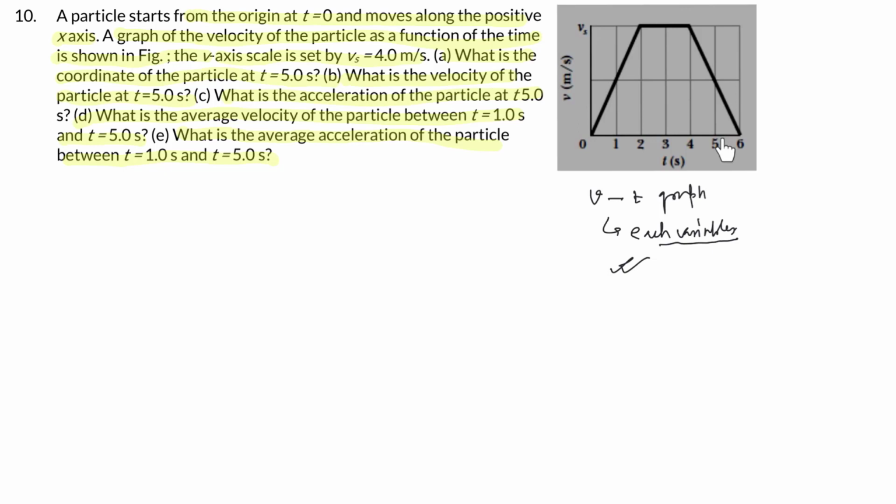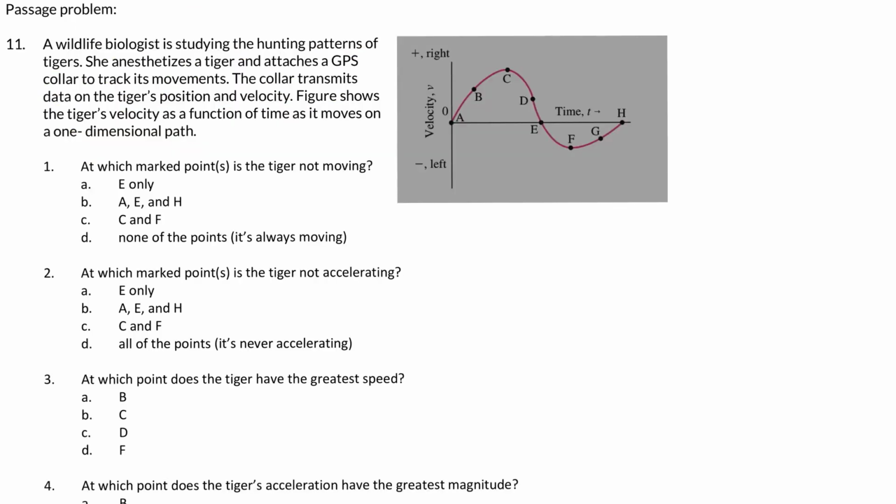Velocity you will find from direct observation. Acceleration by finding slope. For average velocity, at 1 second and 5 seconds you need to know position. Position you can find by finding area. And average acceleration from direct observation, v2 minus v1 by t2 minus t1. Next question.